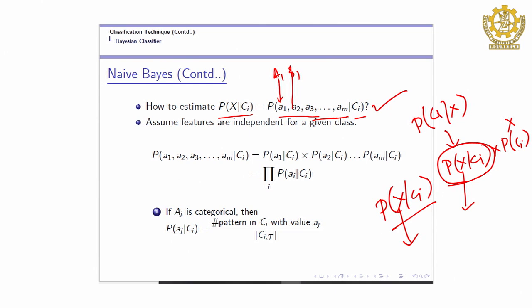Especially in text mining, you are given a text, and you have to identify the class label of the text. The text may be the content of a news item, and you have to identify which category this news content belongs to. It can be sports news, political news, or entertainment news.